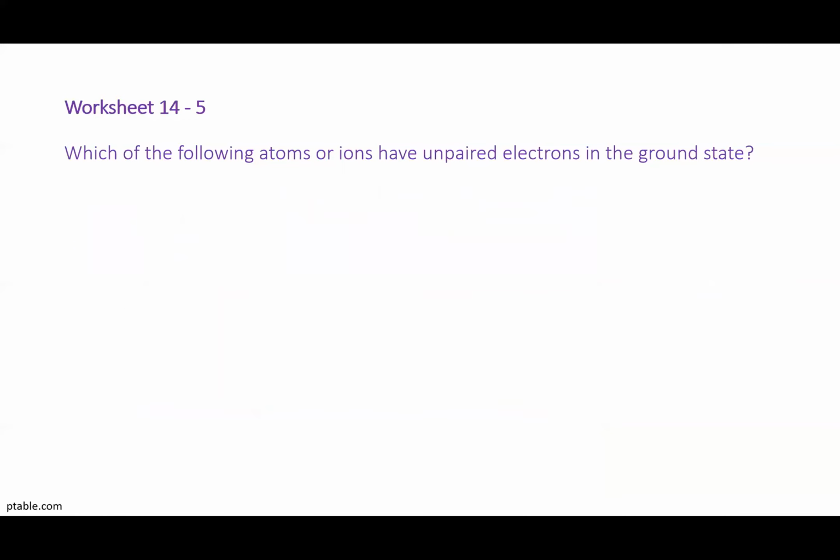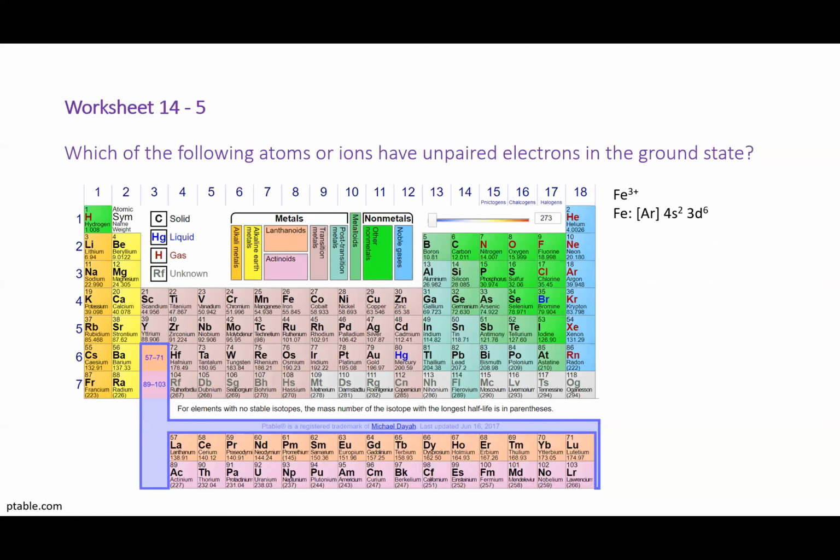Finally, our last example, we have iron 3+. If we have iron 3 plus, our neutral state electron configuration is argon 4s2 and 3d6. As you can see here on the periodic table, this is where iron is.